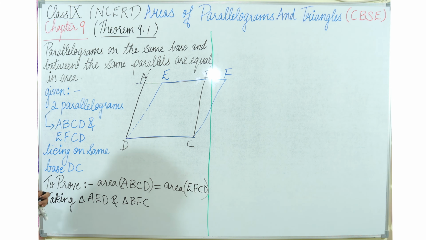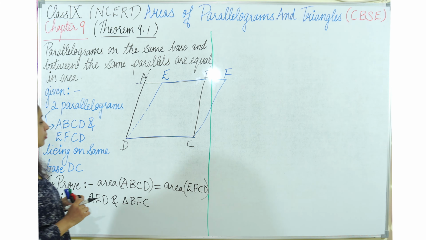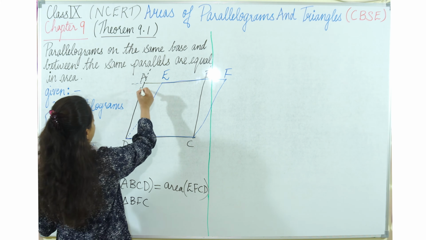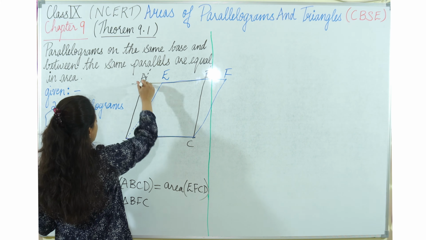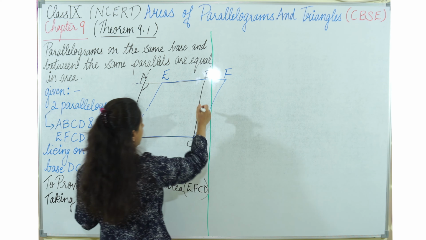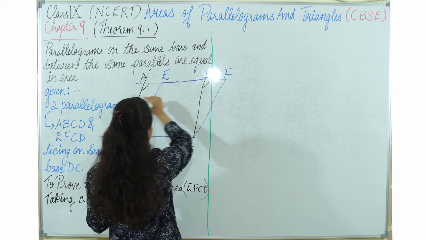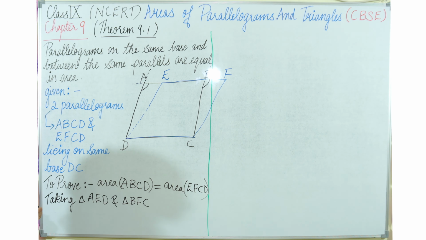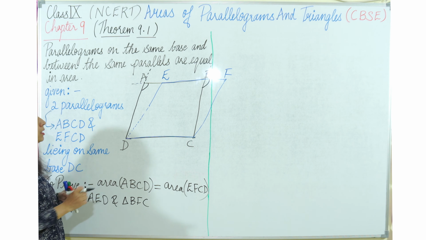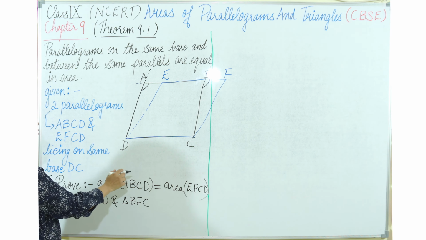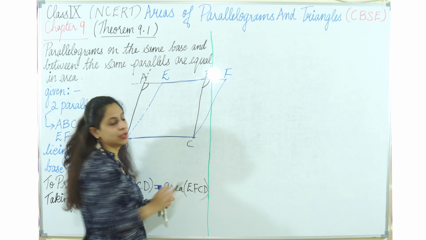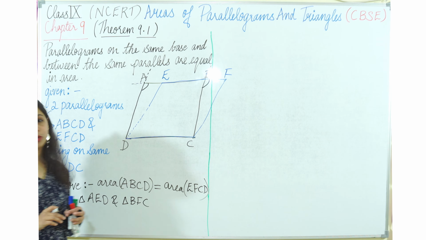So my angle DAE will be equal to my angle CBF because they form the corresponding angles. AD is parallel to BC and AF is the transversal on it.